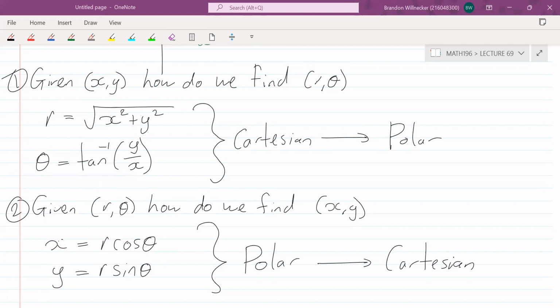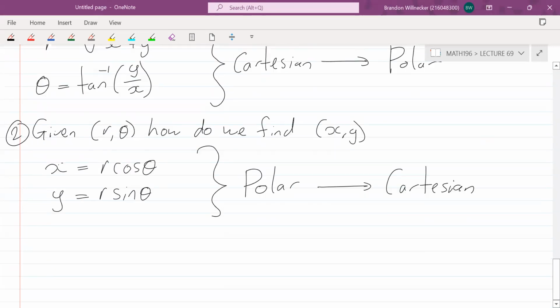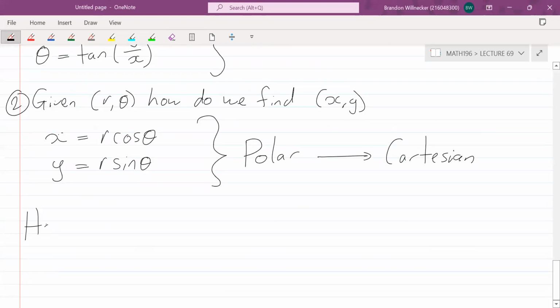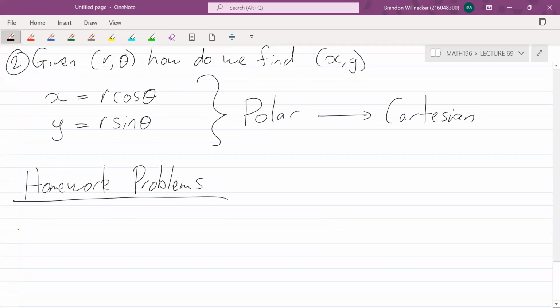Okay, so let's put up some homework problems for you to try this going back and forth here. So homework problems. Okay, so for the first part of the homework problem, please convert these Cartesian coordinates to polar coordinates.